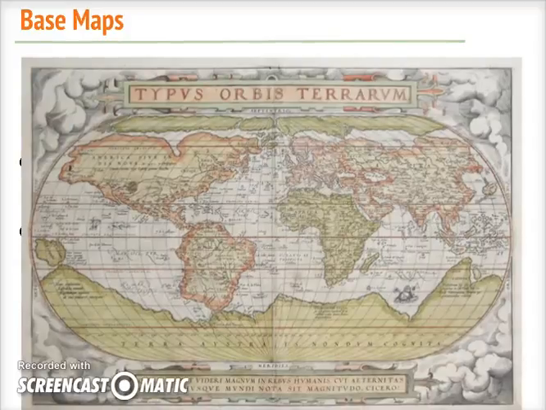We can see that this base map is far from how today's world map looks. However, the basic continents are in shape, and we get a very basic picture of our world.